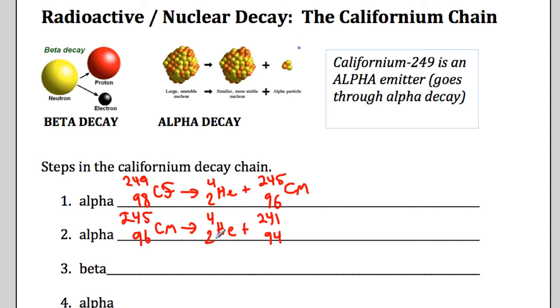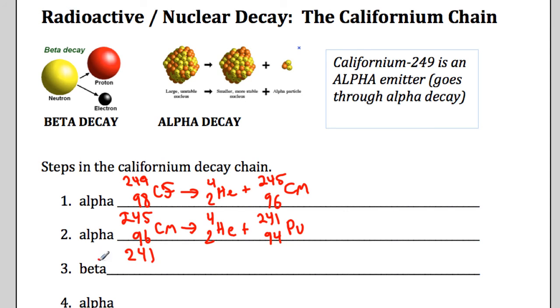We lost 2 protons. 96 protons minus 2 protons leaves 94 protons. And we can look on our periodic table to see the element that is. Now that is also unstable, and so that will decay. And again, this is why it's kind of a chain. This decays, and then this thing decays, and now the new element decays also.